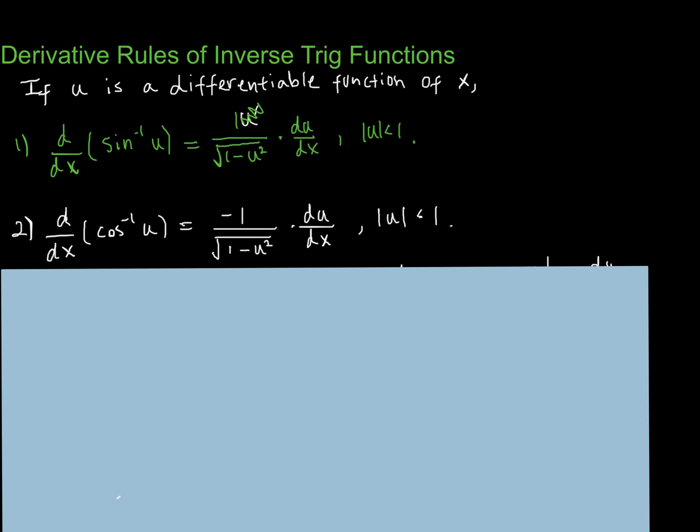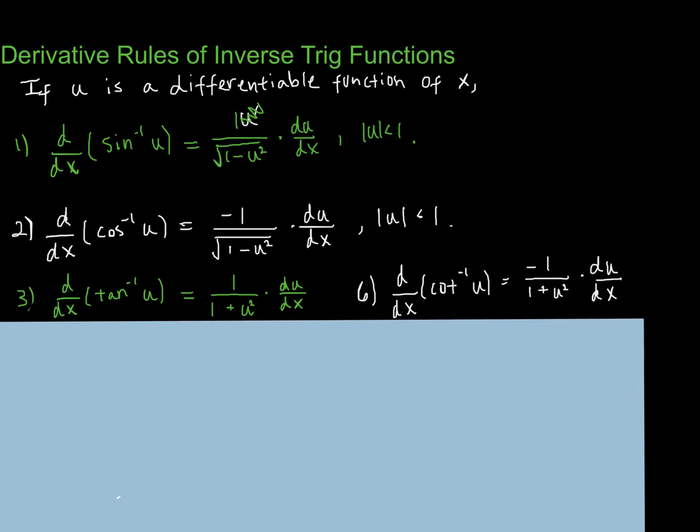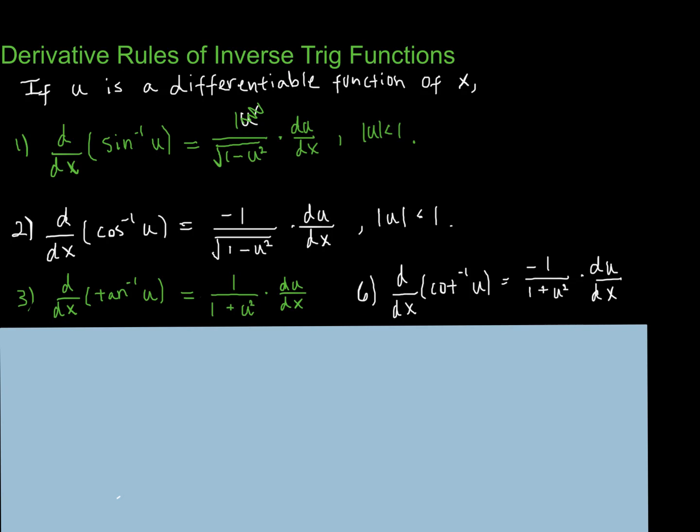All right, let's take a look at tangent now. Don't worry about cotangent for now, just take a look at tangent. So the derivative with respect to x of inverse tangent of u is 1 over 1 plus u squared times the derivative of u with respect to x. Here, notice there's no constraint on u. Why is that?